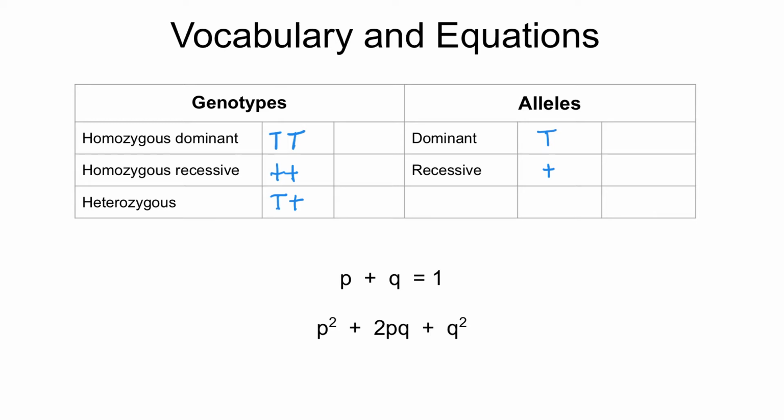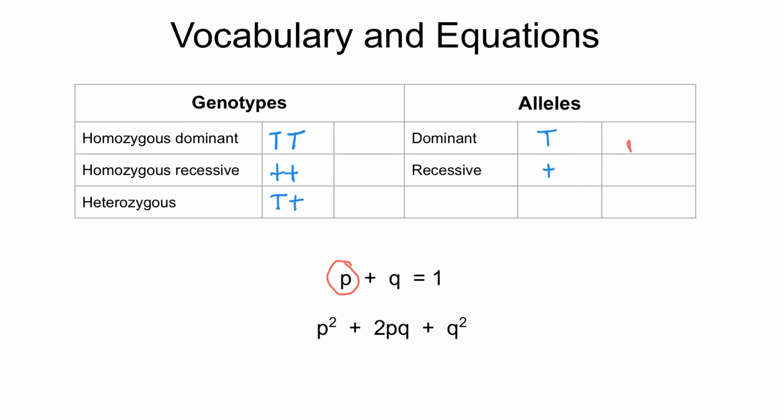Now, one of the important things to be able to do first is to be able to relate the variables in the equation to the genotypes and the alleles. And so we know that the dominant allele is T, and that corresponds to the P in the equation.